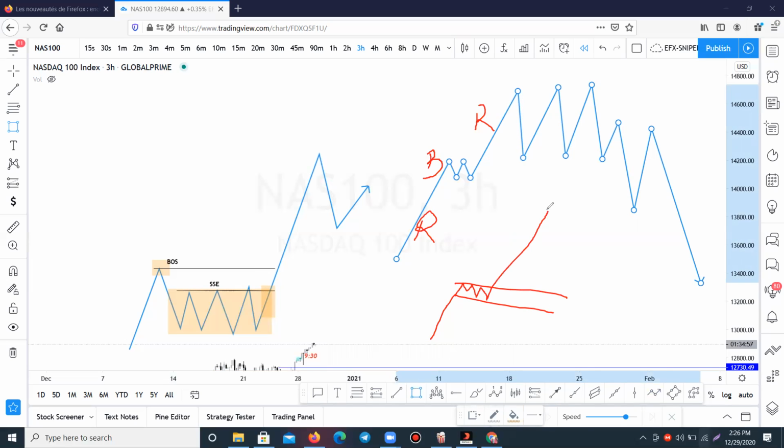So what do we expect? We're expecting to have an FTB. FTB is first time back. So we're expecting market to return to this zone here, where market is going to give us an FTB. Then we're expecting market to do what? To buy and continue to rally, with the same movement, because we have a rally, then we have a base, then we have another rally.